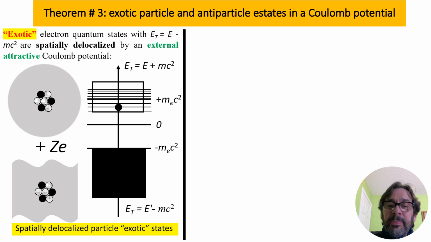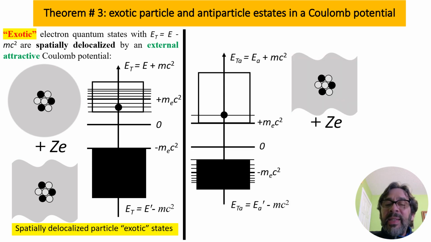How do we know this? Because we know that the common positron states of a positron moving around the same nucleus are spatially delocalized due to the repulsion between the positron and the positive nucleus. And because there is a relation between the common positron states and the exotic electron states in the hydrogen-like atom. The relation between the wave functions of these states is through the operation complex transpose conjugate.